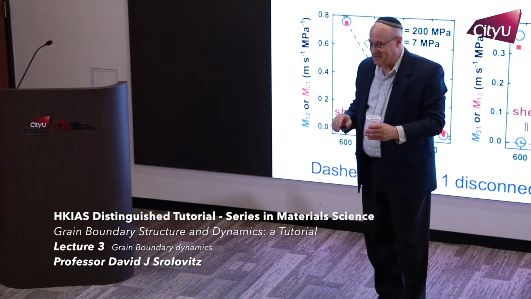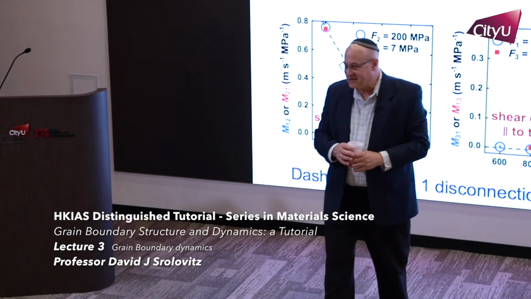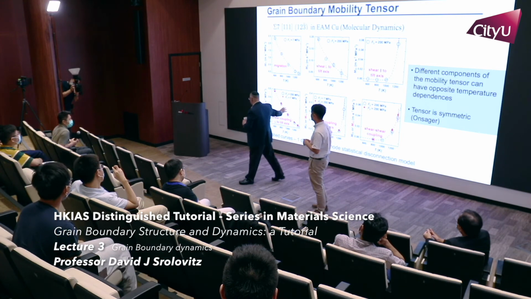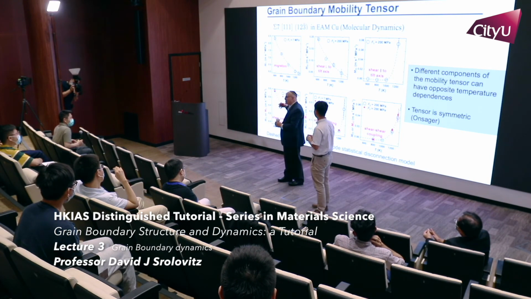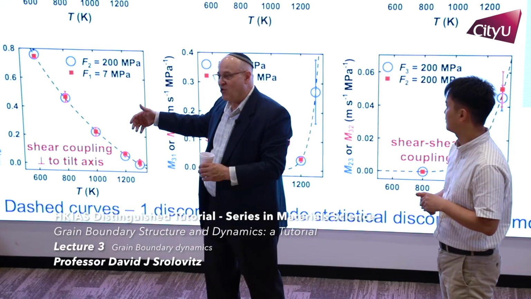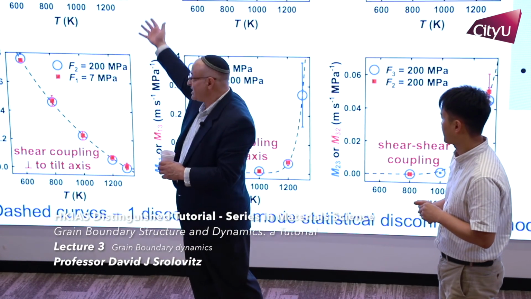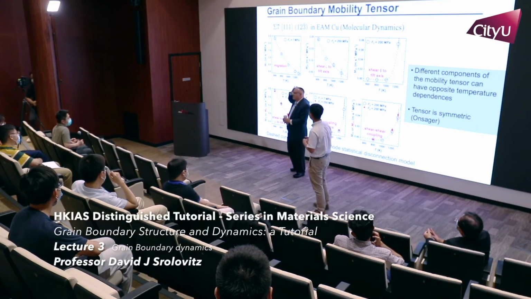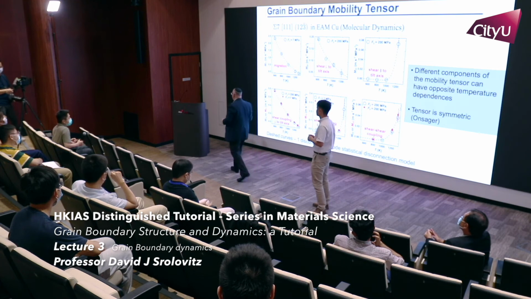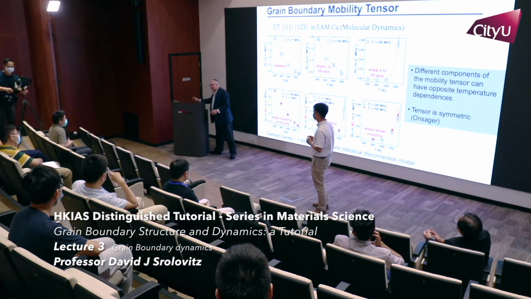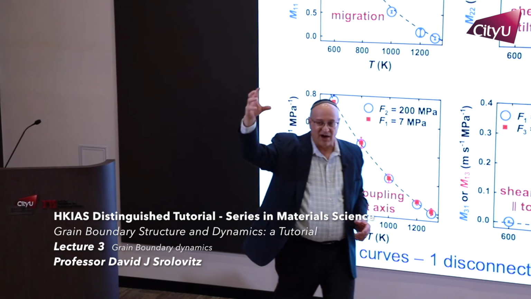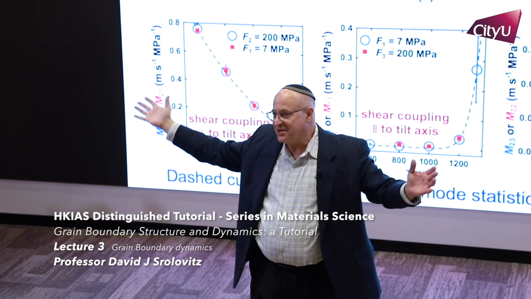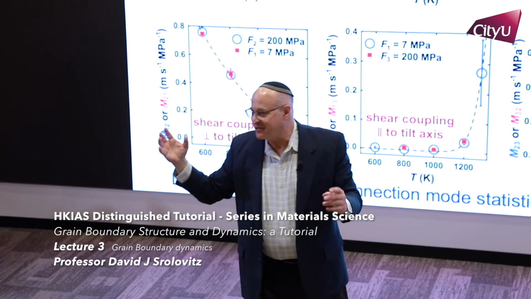All these things individually are important, but some of these effects only become important when you manage to turn the other ones off, or you put on, for example, a stress driving force instead of a curvature driving force. Here's a really simple example of where you see this all the time. If you look at a grain in a polycrystal and you do grain growth, then the grain boundary should move towards its center of curvature.